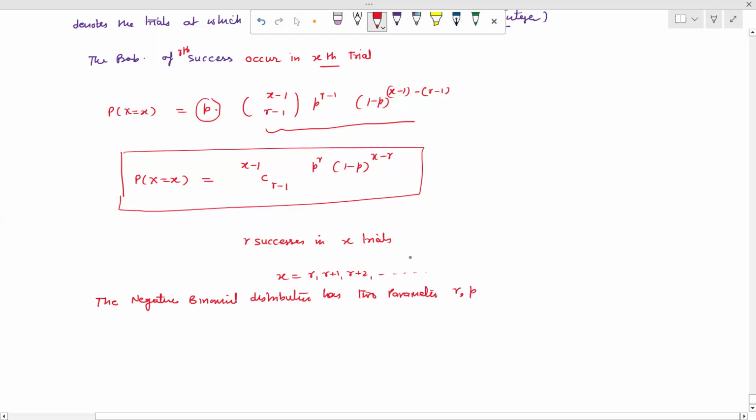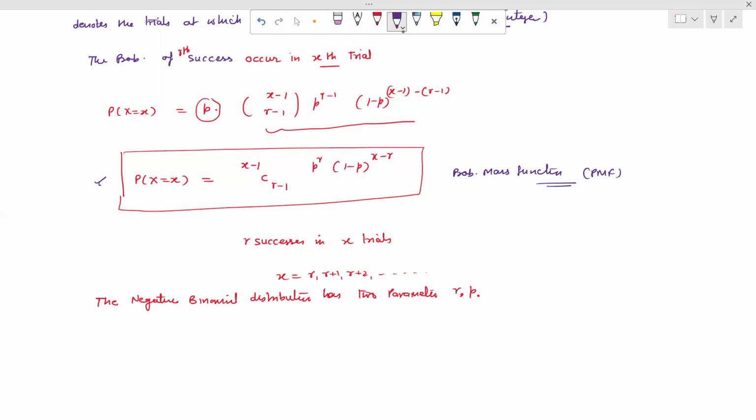So r and p are the two parameters of the negative binomial distribution. So this is the probability mass function of negative binomial distribution. In short, we can write the PMF of negative binomial distribution, having two parameters denoted as r and p.